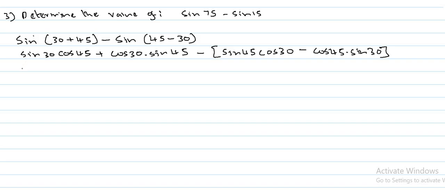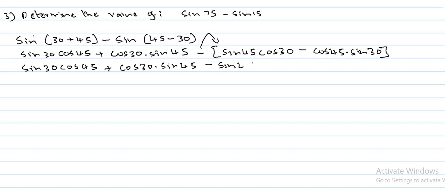So when we simplify, this is the sine of 30, the cos of 45, plus the cos of 30, the sine of 45. Negative terms positive, this is minus the sine of 45, the cos of 30. Negative multiplied by negative becomes positive, the cos of 45 multiplied by the sine of 30.